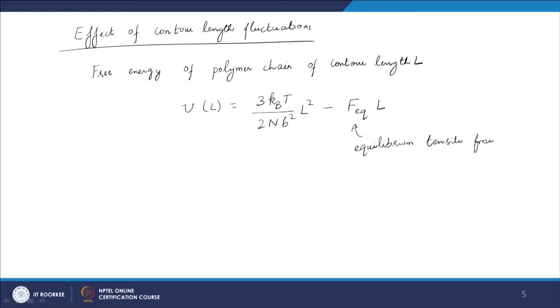I am only outlining the basic steps, I am not going through the entire derivation, and it turns out that I can write F equilibrium as something like this, and using this idea we can get the magnitude of the fluctuations as something like this.